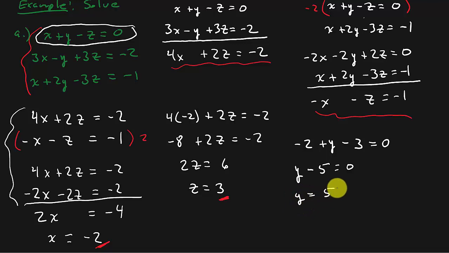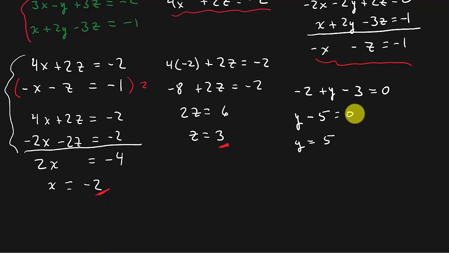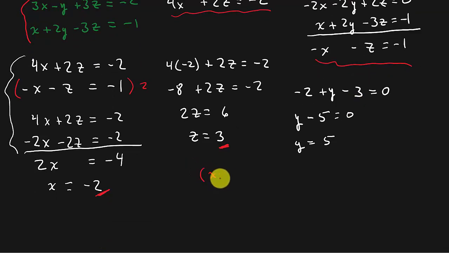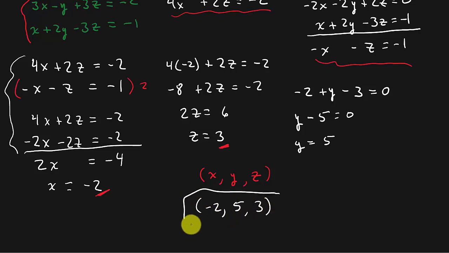All right. So now when we write our answer, we want to write it in the form x, y, z. It's a point in 3 dimensions. So our solution would be -2, 5, 3. And that's our answer.